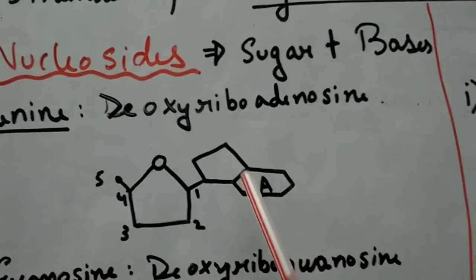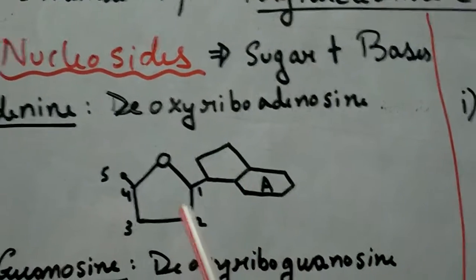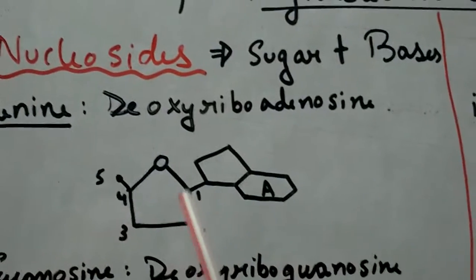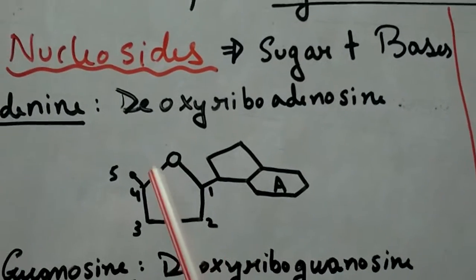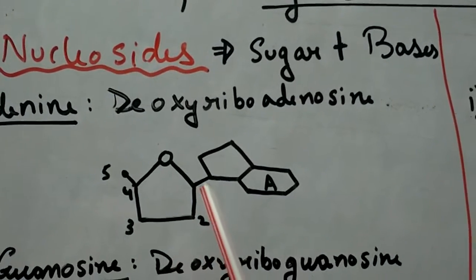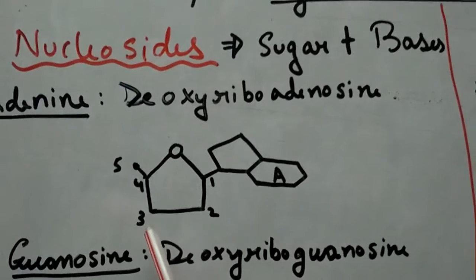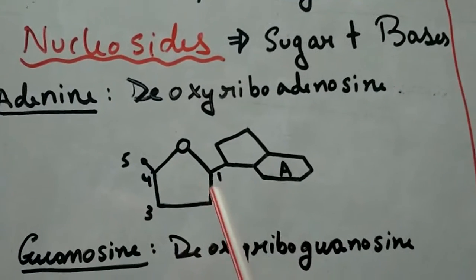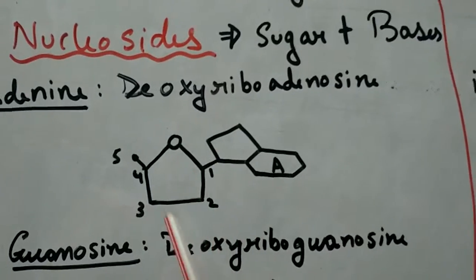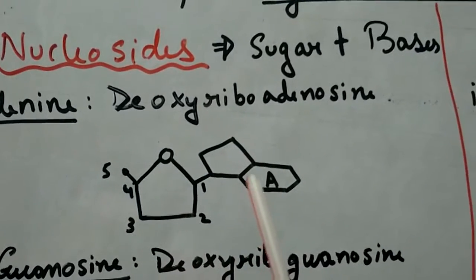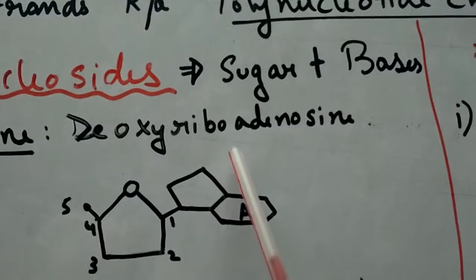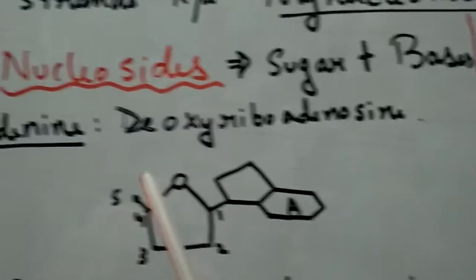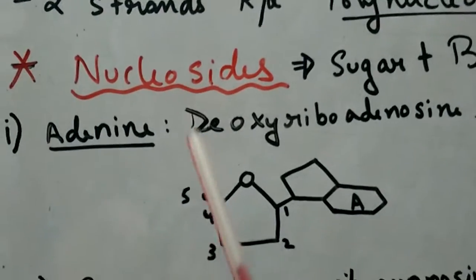So this adenine is attached to the first carbon of the pentose sugar of DNA, numbered 1, 2, 3, 4 and 5, to form deoxyriboadenosine. This is the first nucleoside.